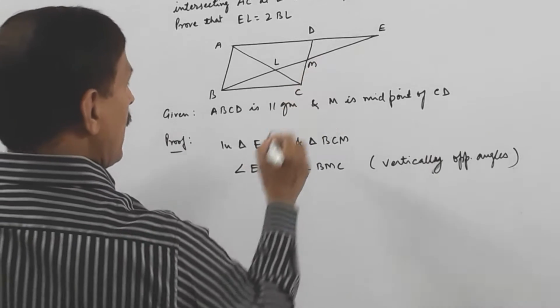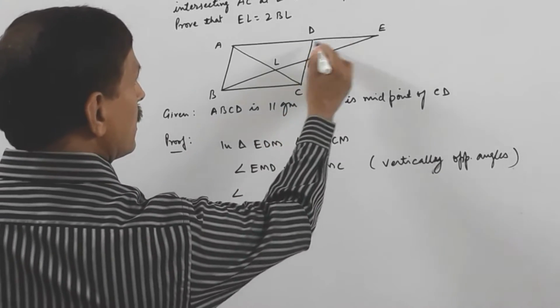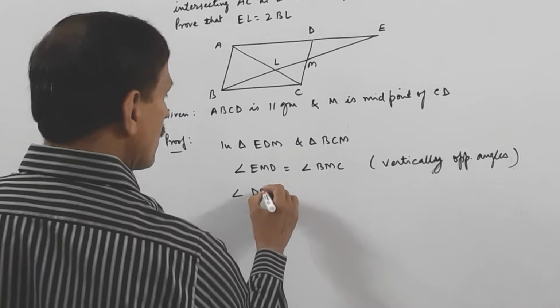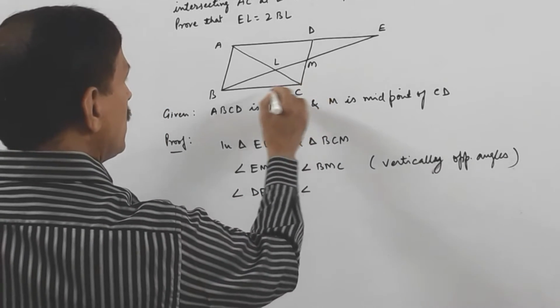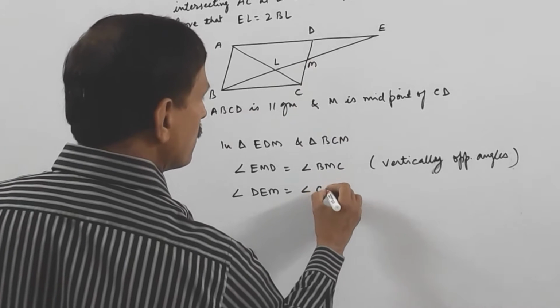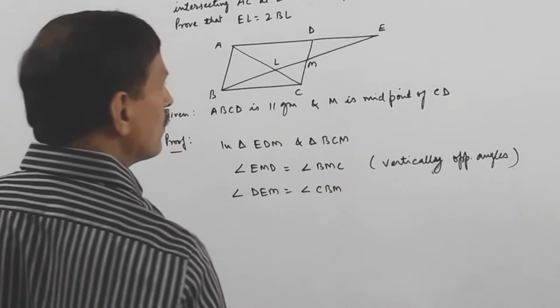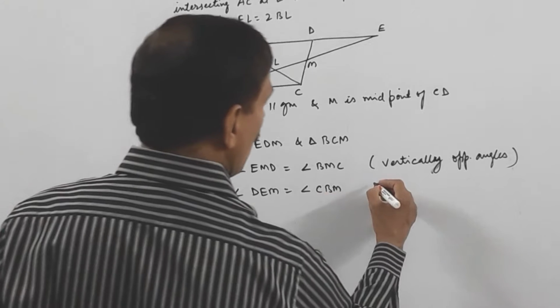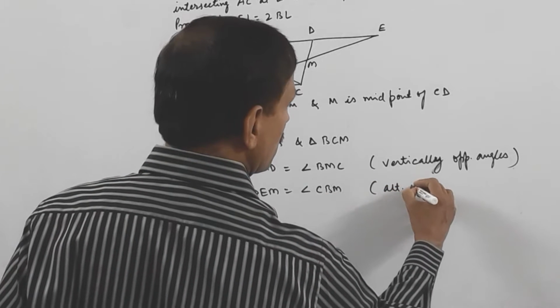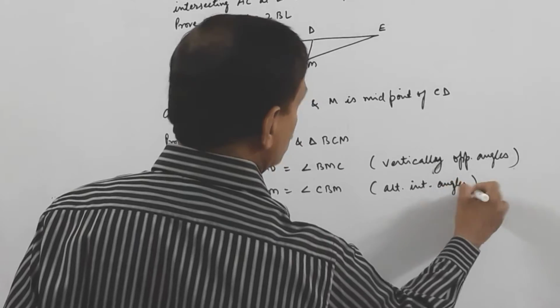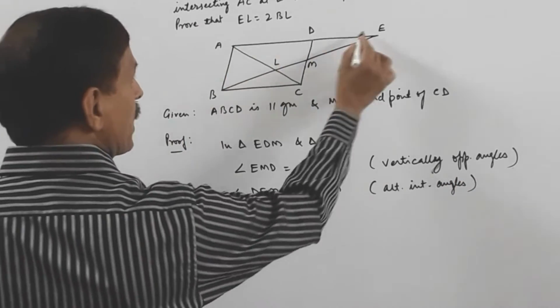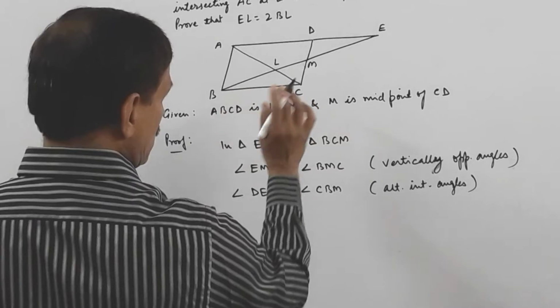And angle DEM is equal to angle CBM. These are alternate interior angles because AD is parallel to BC.